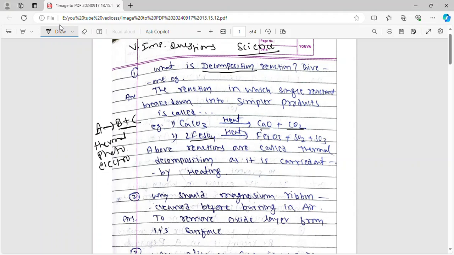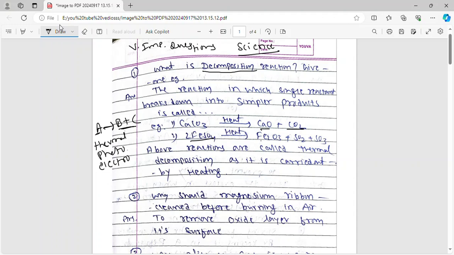Is it clear, everybody? And all the examples we gave are thermal decomposition examples. Ferrous sulfate has a green color, and it is turning into white color.